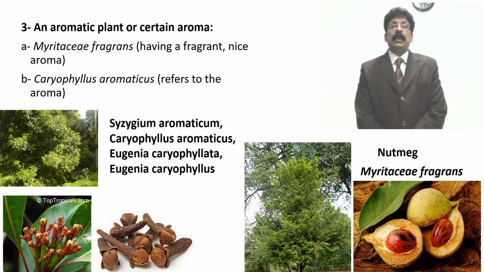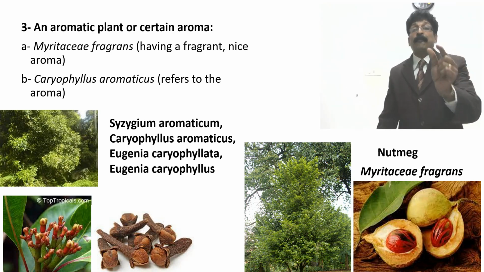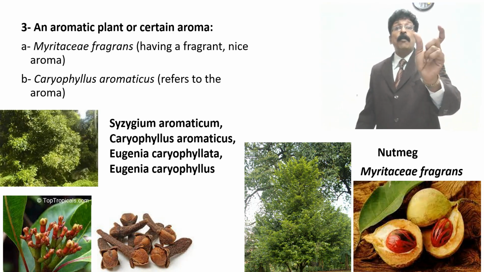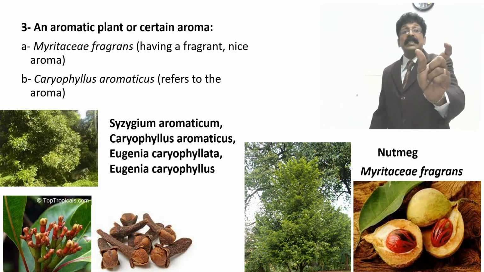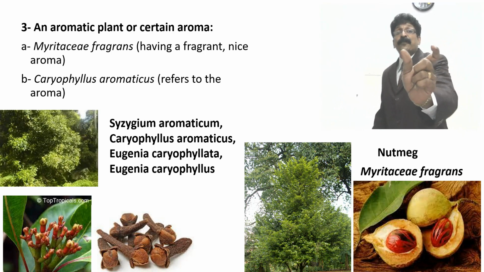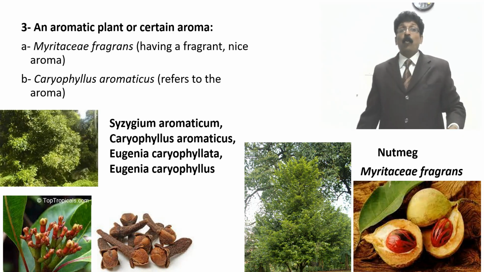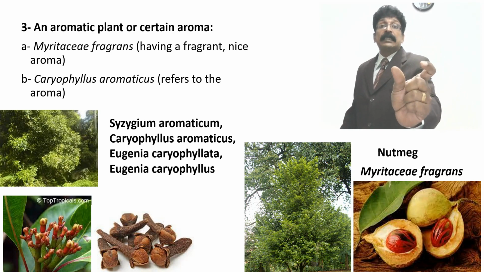So you can see the name, Caryophyllus aromaticus. This aromaticus name refers to the aroma, the flavor. Same as before with Myristica fragrans: fragrans stands for the fragrance, the flavor of the aroma. This is also aromaticus, standing for the aroma.